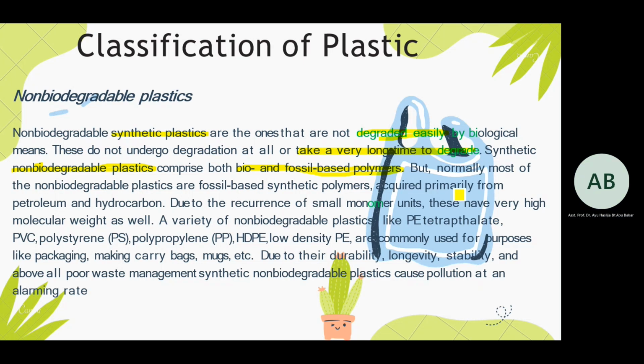Examples of non-biodegradable plastic are PET (polyethylene terephthalate), PVC, PS (polystyrene), polypropylene, and HDPE, commonly used for packaging, carry bags, masks, everything.